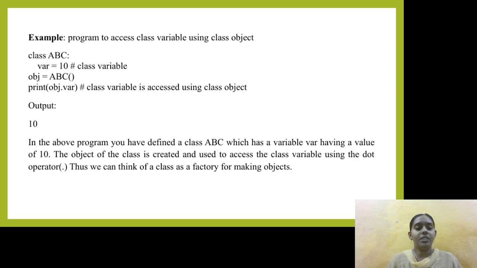Then print obj.var; the class variable is accessed using the class object, and the output is 10. In the above program, we have defined a class ABC which has a variable var having a value of 10. The object of the class is created and used to access the class variable using the dot operator. Thus, we can think of a class as a factory for making objects.